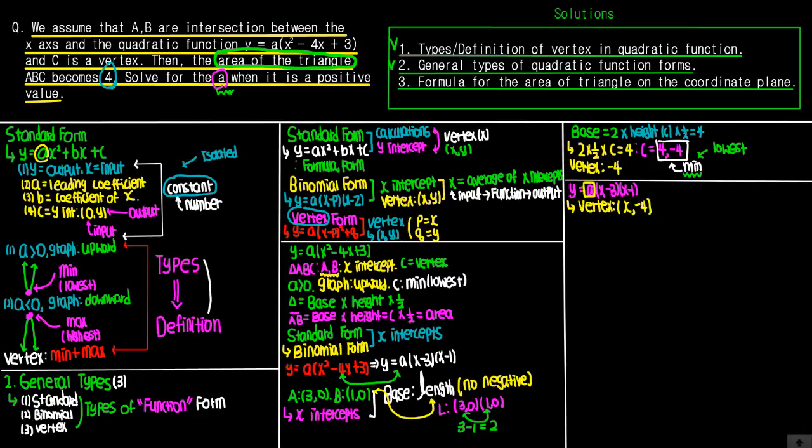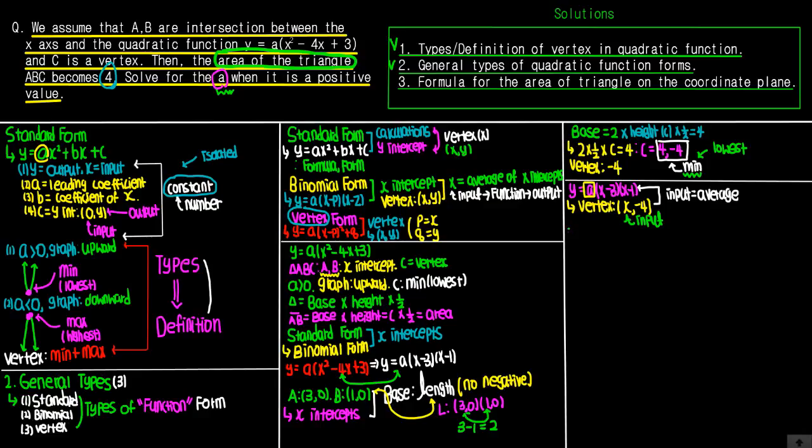But we don't know our input value. If we knew our input value, all we would have to do is input it and our output into our original function and isolate our value. But we have incorporated through our solutions that we talked about that the input in the vertex is the same thing as the average between the two x-intercepts. And our two x-intercepts are 3 and 1.